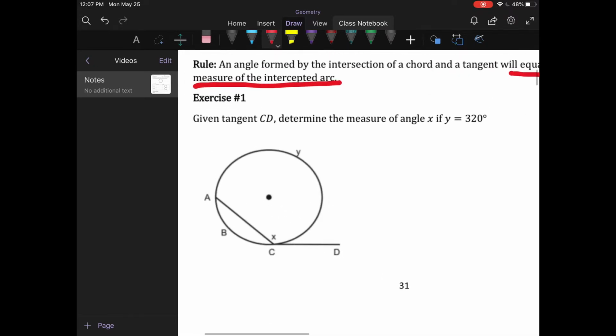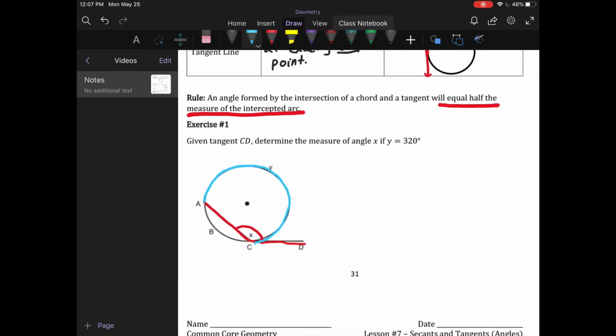So we've got this angle formed by the 2 lines. That is angle X, that's the whole thing. And the arc is going to be everything from one side of the lines all the way to the other. That's the arc that they're talking about. It's telling us that Y is 320, so this is 320, and that is our intercepted arc.